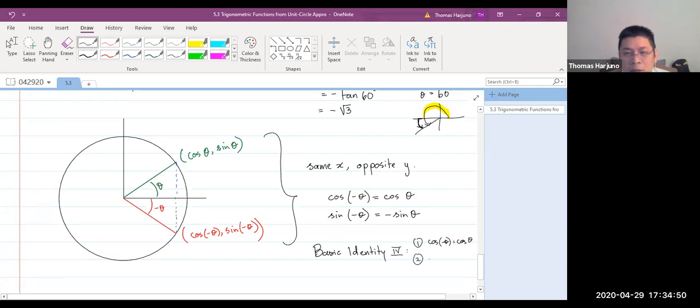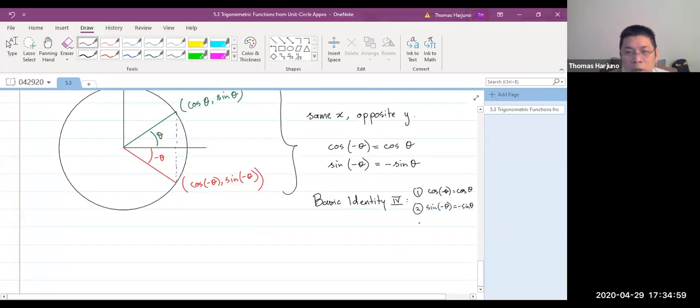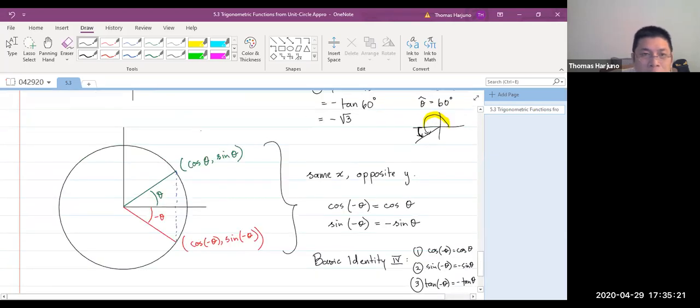Second, sine negative theta is negative sine theta. And consequently the tangent will be negative. Tangent negative theta is negative tangent theta. What's the proof? I gave you the picture proof just now. This is the picture proof. Okay, that's the picture proof.